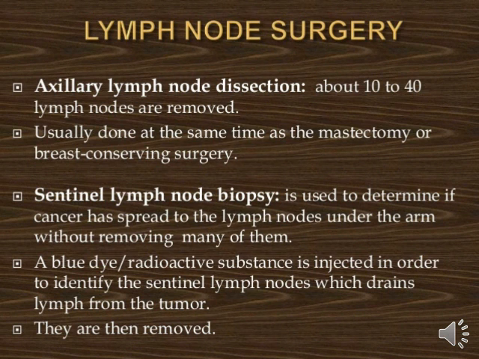This surgery is performed with a radioactive substance, at the site of the lymph nodes in the area of the arm, and the particular affected part is drained out by this lymph node surgery.